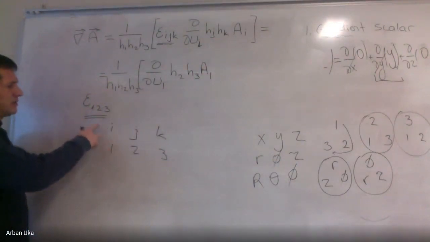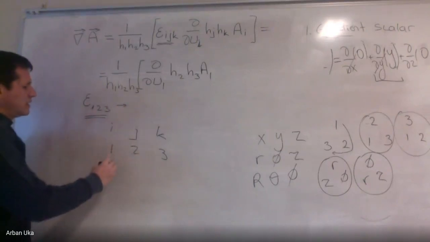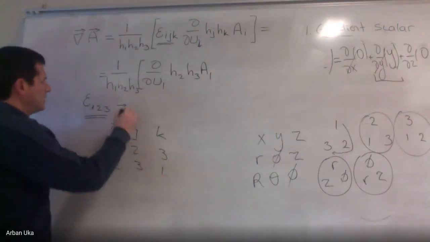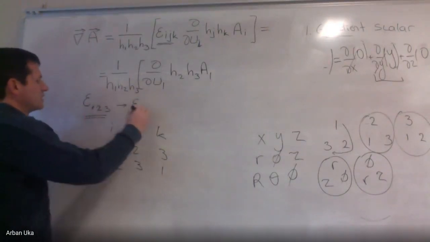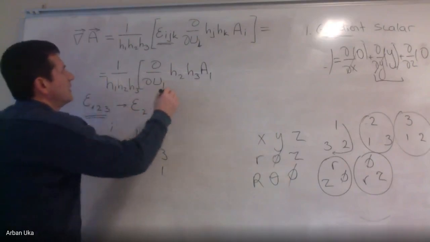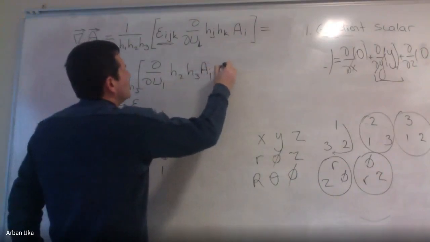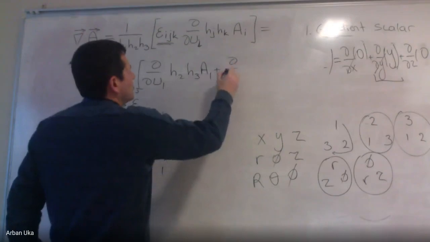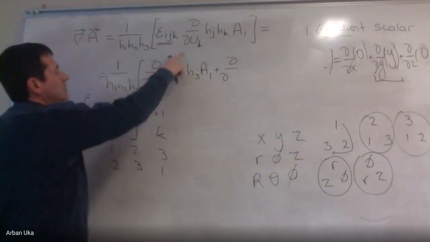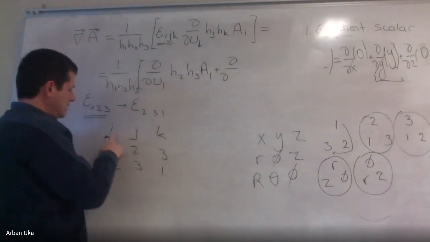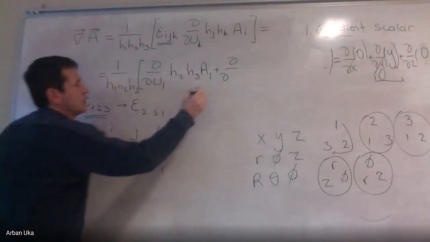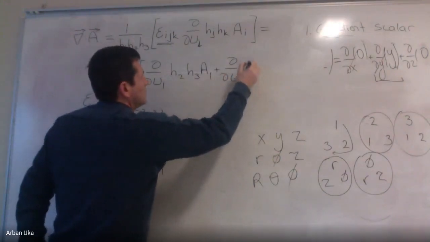The next term, so after this one, we make here 2, 3, 1. So this becomes this permutation operator 2, 3, 1. And then we say here we have the derivative with respect to what is i now, which is 2. So we have u2.